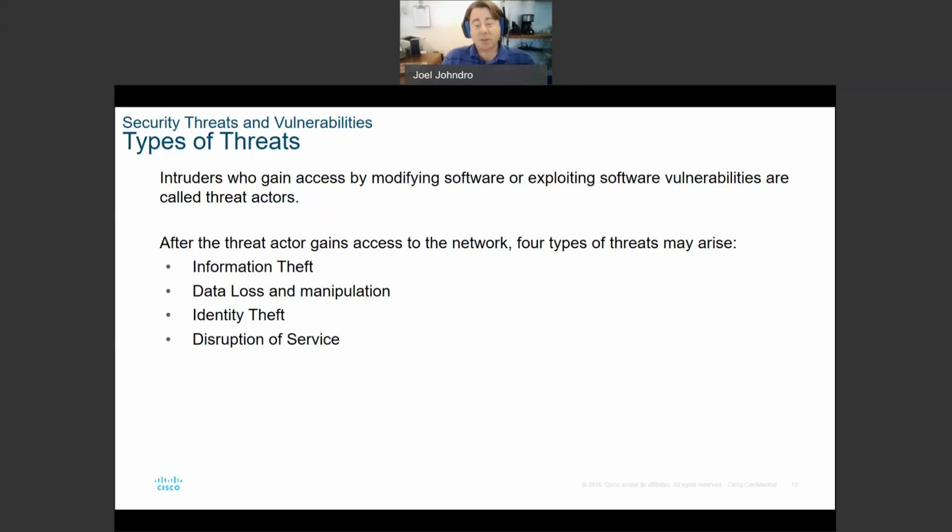This is done for the purpose of either changing or destroying data to benefit the threat actor or whoever hired the threat actor. And the 4th type would be disruption of service. That's where basically a network or a device is overloaded to the point where it's effectively offline. It makes the service inaccessible to users.